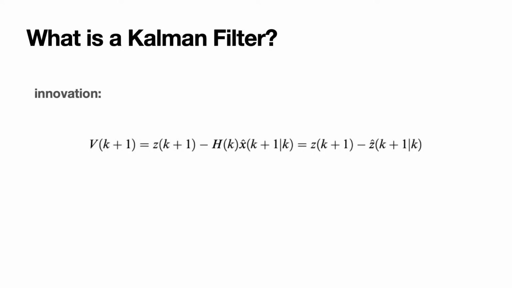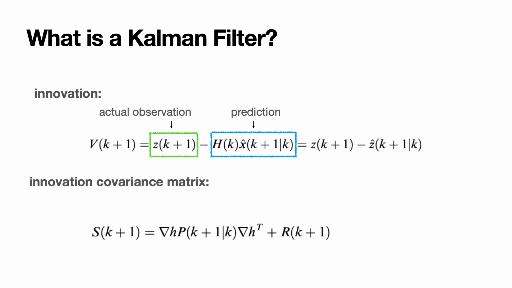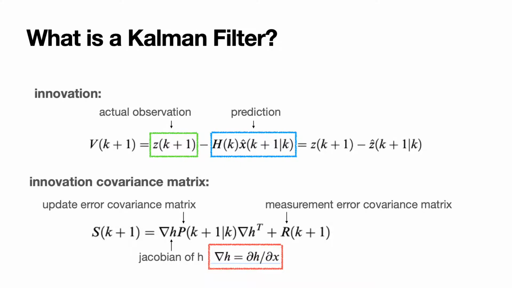Our innovation thus can be computed by taking our difference between prediction and observation. Our innovation, of course, also has a covariance matrix which tells us how much we can trust our innovation.